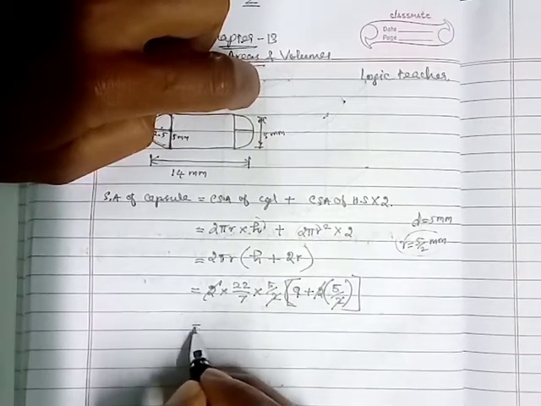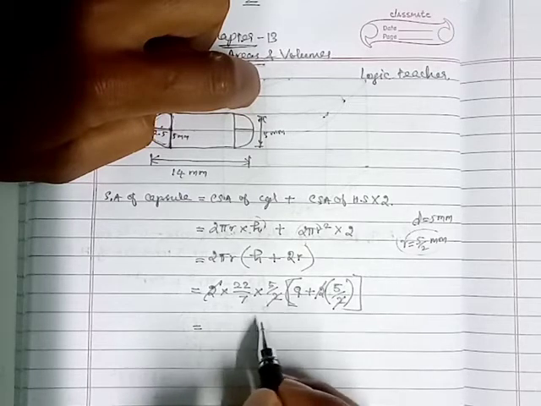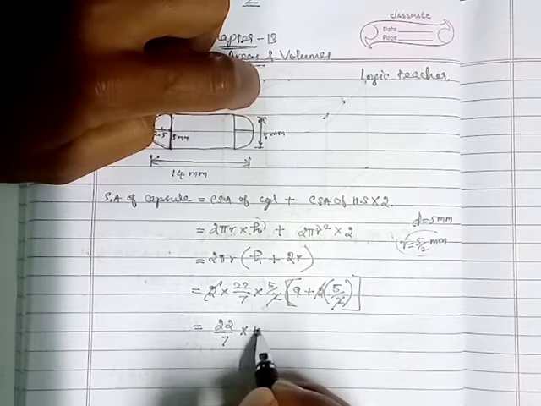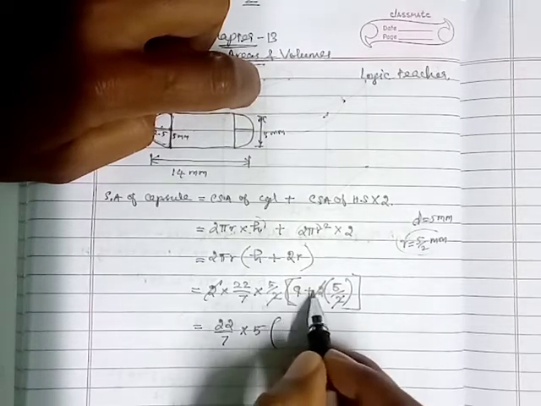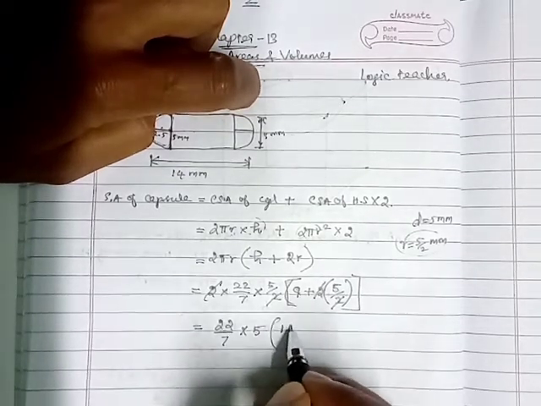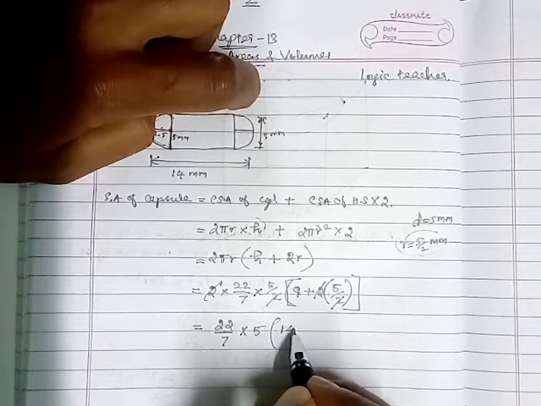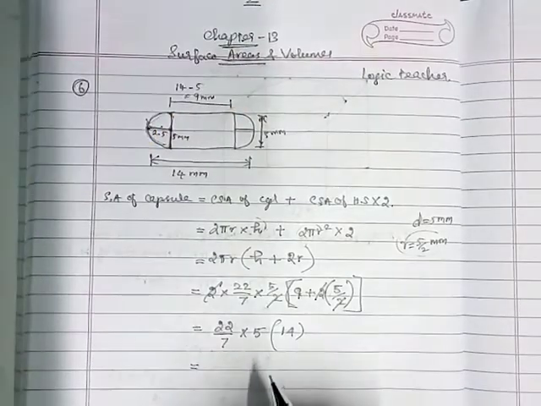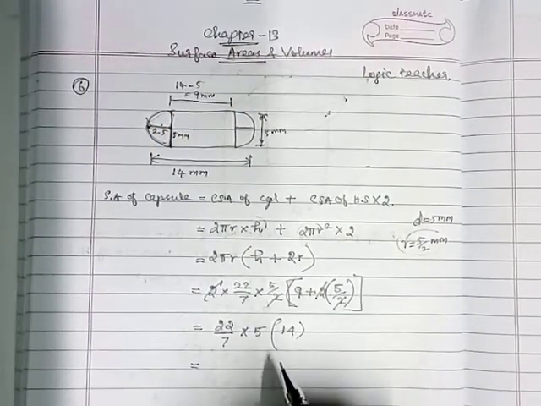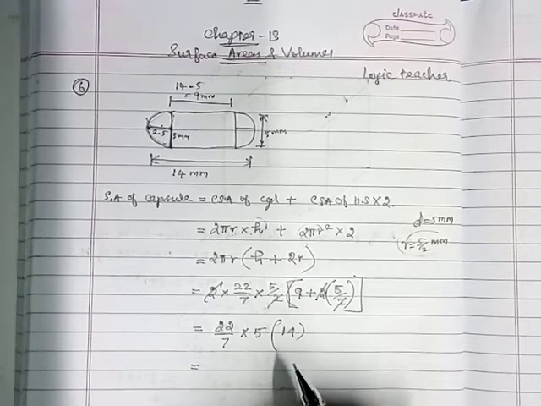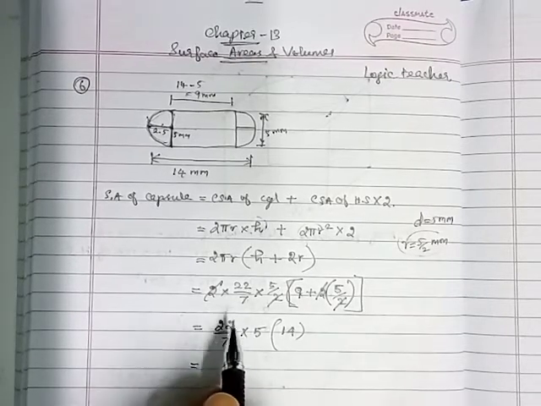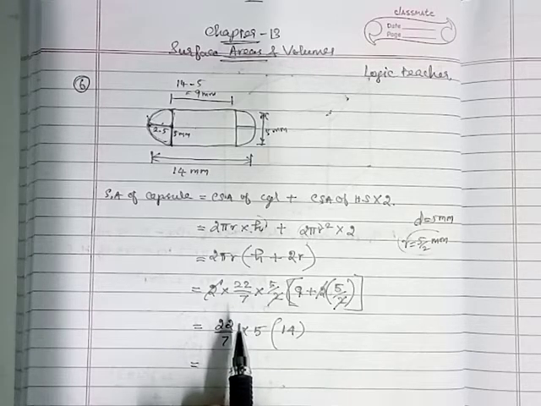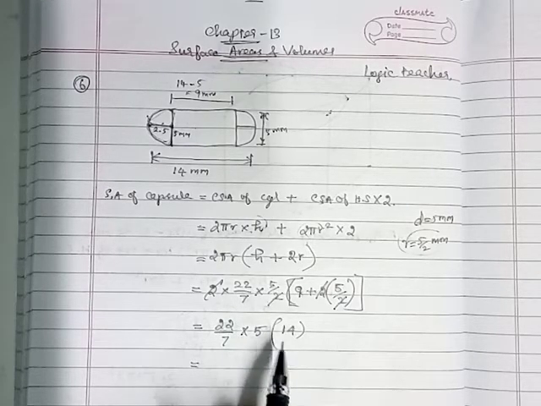So 22 by 7 into 5, here 9 plus 5, that is 14. So we have cancelled 2 and 2. 22 by 7, 9 plus 5 is 14.